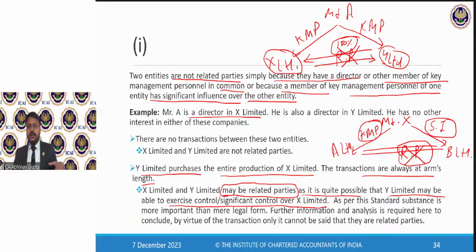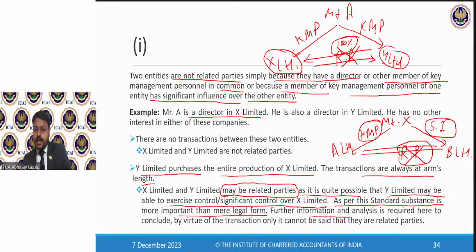Because if Y Limited tomorrow says that I will buy the material from somebody else and will not buy from you, then X Limited will not have any customer because it is completely dependent on Y Limited only, right? So as per this standard, substance is more important than the mere legal form.